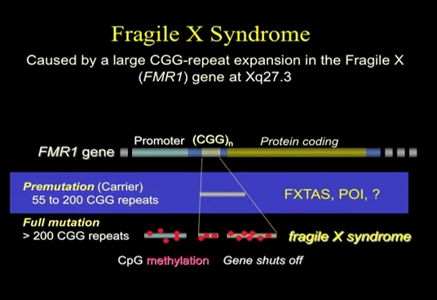Within this gene, there's a repeating CGG. In normal individuals, it repeats somewhere between about 5 and 40-ish times. In individuals with the full mutation, which I'm showing here on the bottom, this expansion gets very large and goes over 200, and then there's a process called methylation, which I won't get into today, but basically that process just shuts the gene off and it stops making a protein called FMRP, Fragile X Mental Retardation 1 protein.